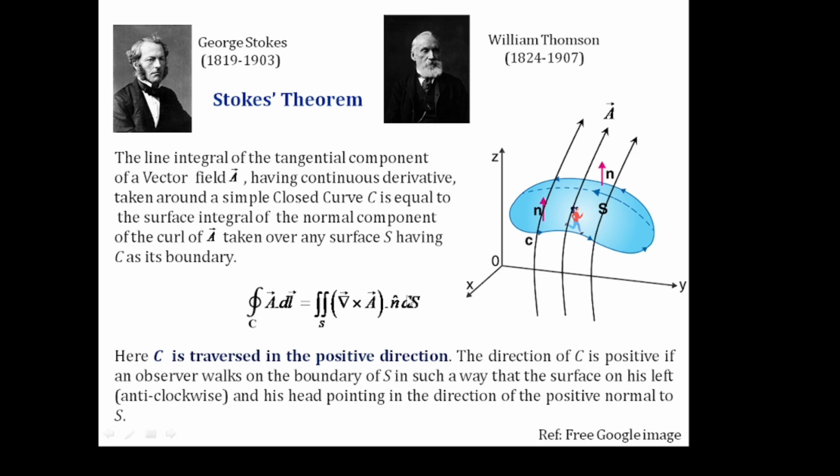So C is traversed in the positive direction, and the direction of C is positive if an observer walks on the boundary in such a way that the surface is on his left, anti-clockwise, and his head is in the direction of the positive normal to S. But if the girl is running in the opposite direction, then the n cap will be downward. So Stokes theorem relates the line integration to the surface integration.